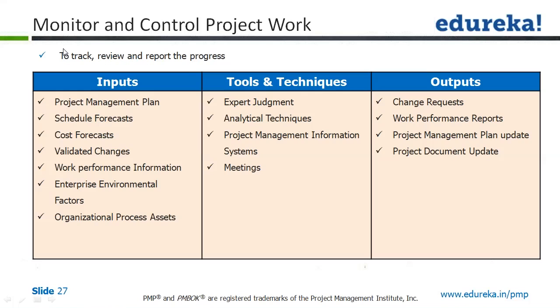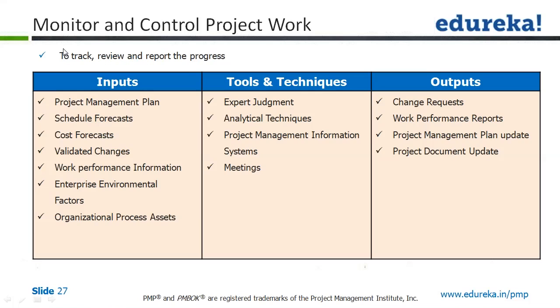The input to this process is a project management plan, which is coming in from the second process of this knowledge area itself. Schedule forecast comes in from project time management. Cost forecast, which is coming in from project cost management.